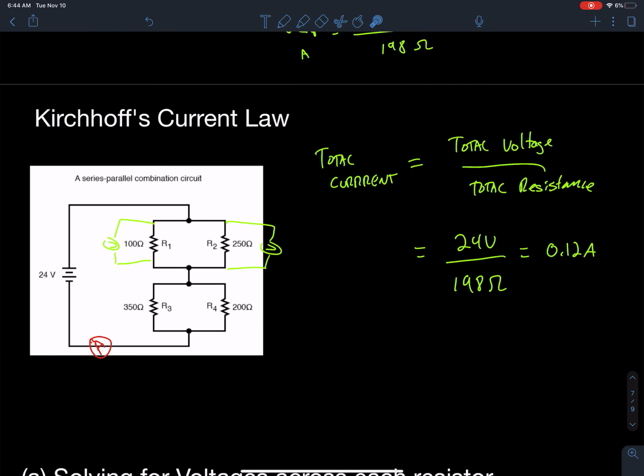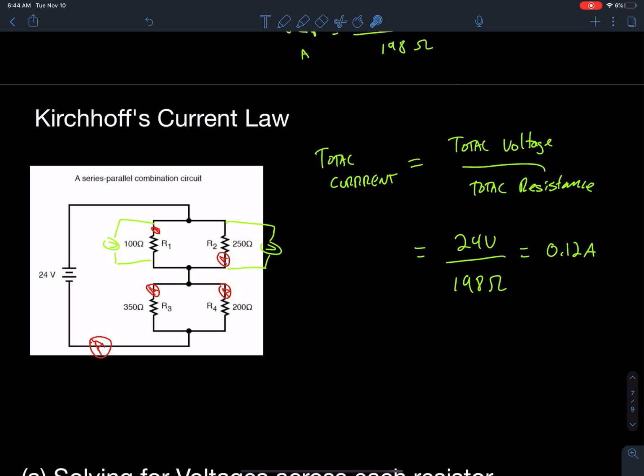So if I had ammeters on every single branch, I would be able to calculate what those ammeters would be reading. That ammeter would say 8.6 volts divided by 100, which is 0.086 amps. And this one is 8.6 volts divided by 250, which is a lot less. Those two currents added together should always equal 0.12 amps.